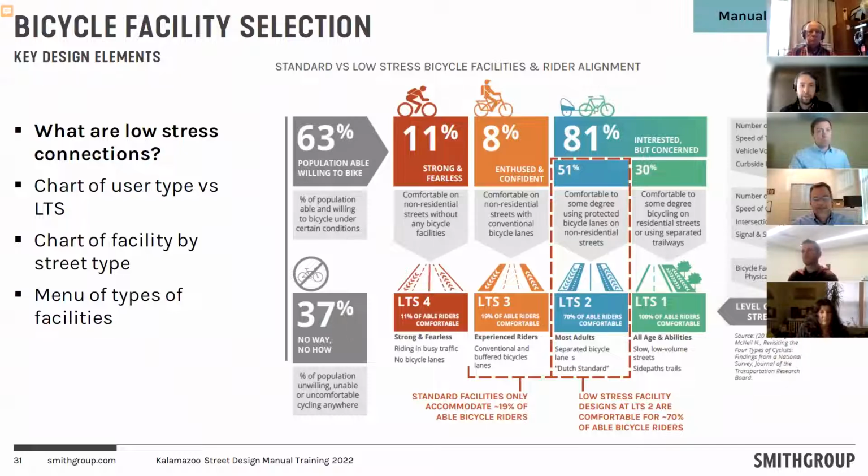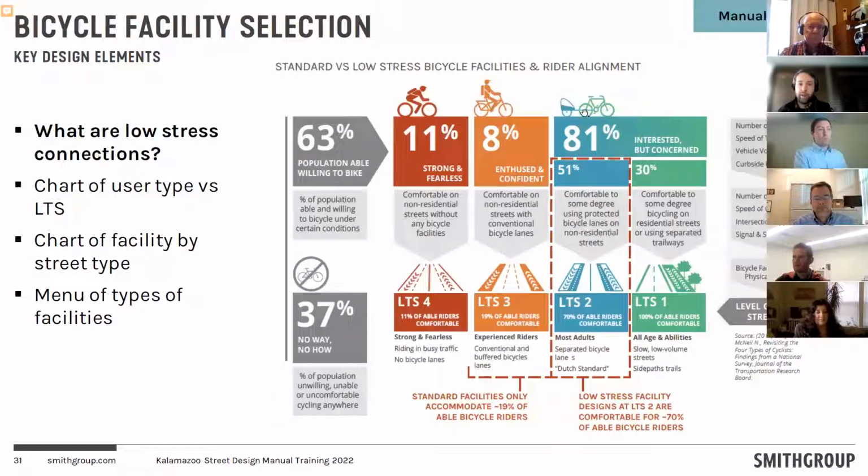And so what it's really saying, and this is based on a survey that was done across a number of municipalities in the country of all different sizes, and they pooled that survey information together. But essentially what it found is that on average, about 63% of the population was willing to bike and interested in biking to some degree, either for commuting or recreationally or anywhere in between. You had about a third of the people that just said, no way, no how, I'm not really interested in it.